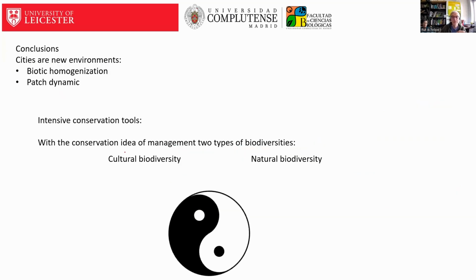And an important thing here is that there are two kinds of biodiversity in a city, if you want. A natural biodiversity, the biodiversity that botanists are more used to, wild plants that you see going to the field. But there is also a cultural biodiversity, which is huge in the cities, and is also part of our cultural heritage.